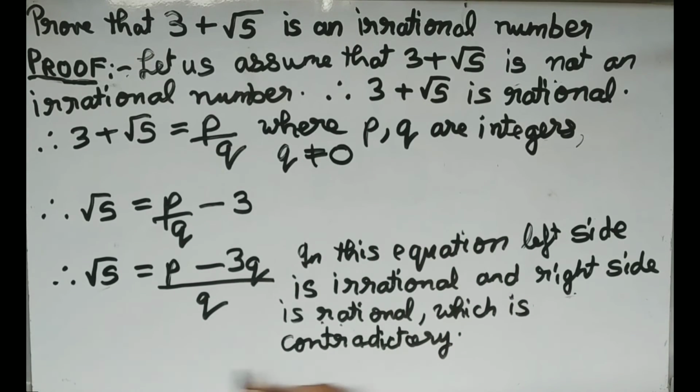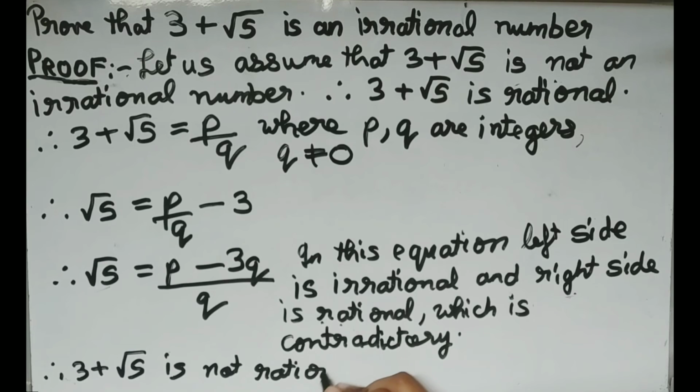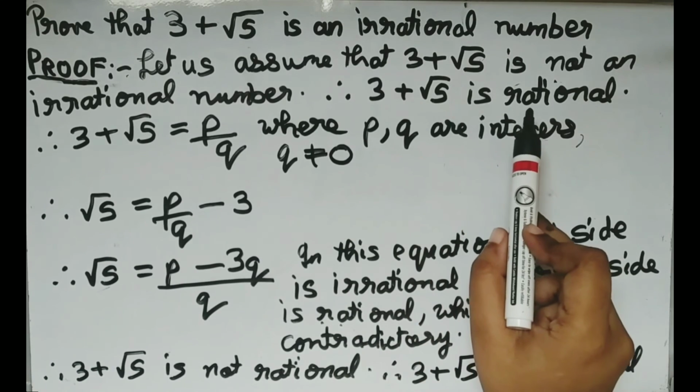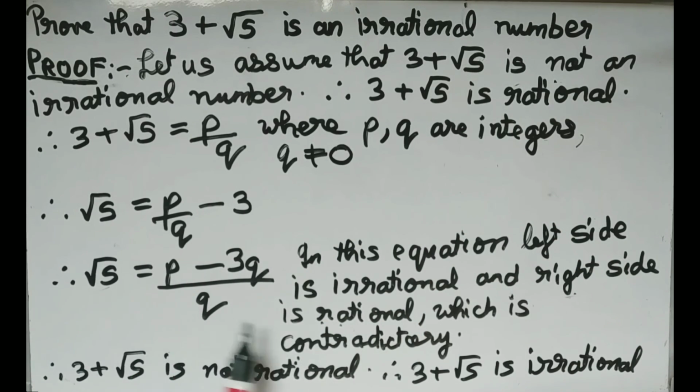Therefore 3 plus root 5 is irrational. We got this contradiction because we assumed that 3 plus root 5 is rational. If we assume it is rational, we get this contradiction. So that means 3 plus root 5 is not rational. Therefore 3 plus root 5 is an irrational number.